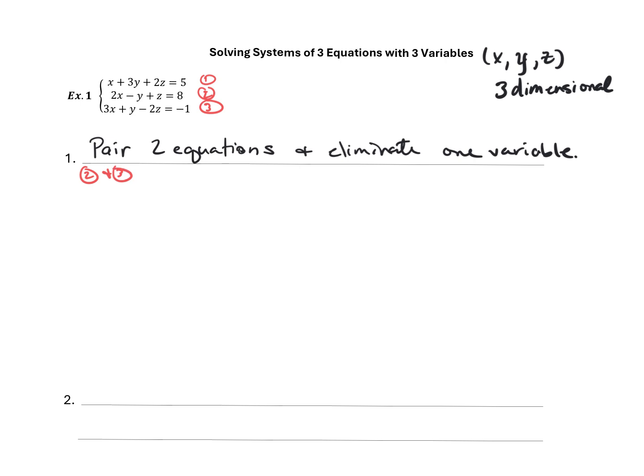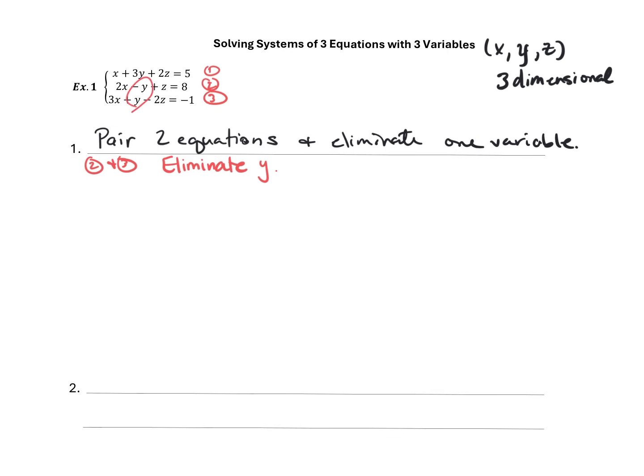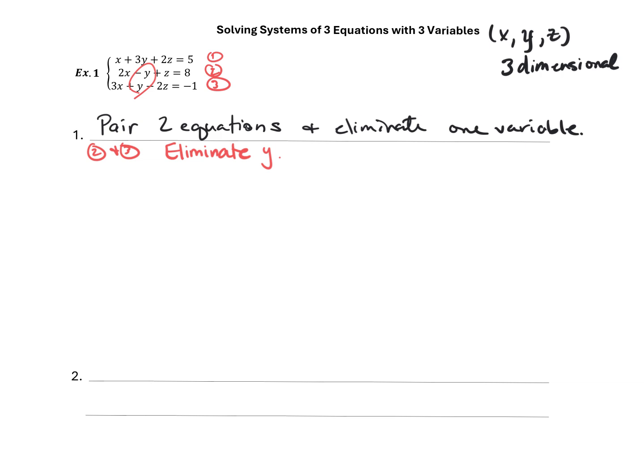What I want to eliminate is the y's. You could have chosen another one to eliminate. Doesn't matter, but I'm going to eliminate y's. I see that these are going to be opposite, and that's why I chose to do it that way. Nice and easy, opposite coefficients, and hopefully it'll make a nice, clean equation.